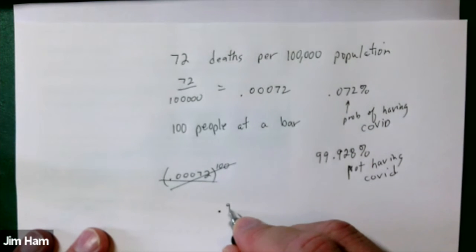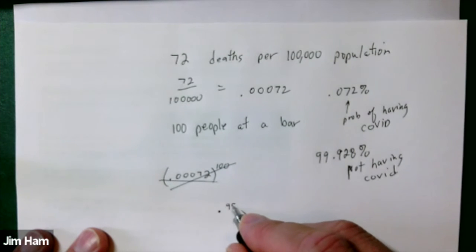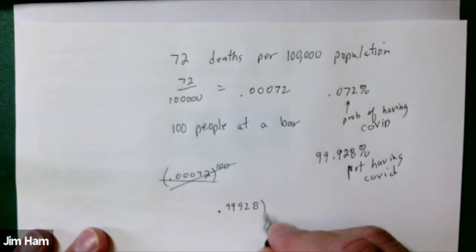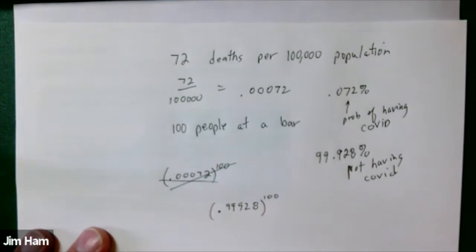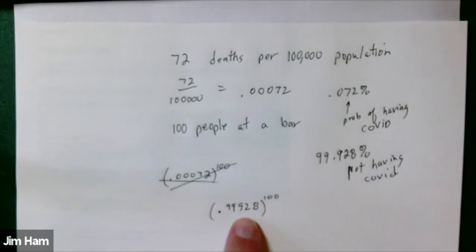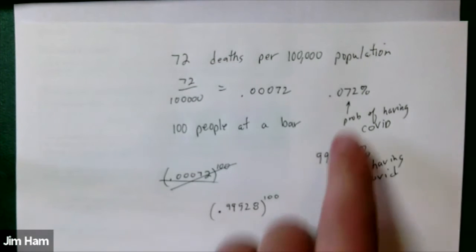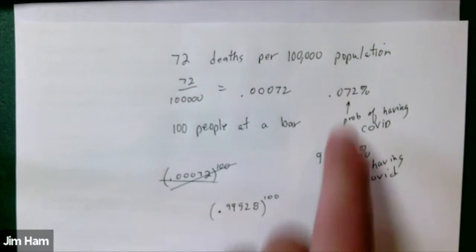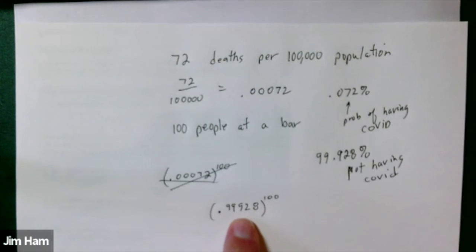It's 0.99928 to the 100th. So just like our previous problem, this would be the probability that none of the folks that are attending that bar has it, because everyone has only a very small chance of having COVID, so the chance that they don't have COVID is here.